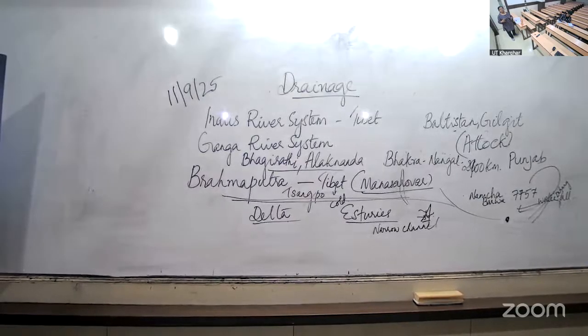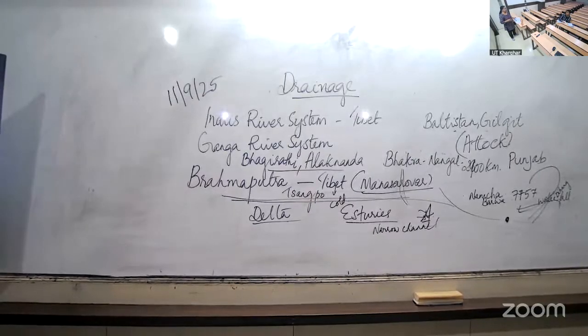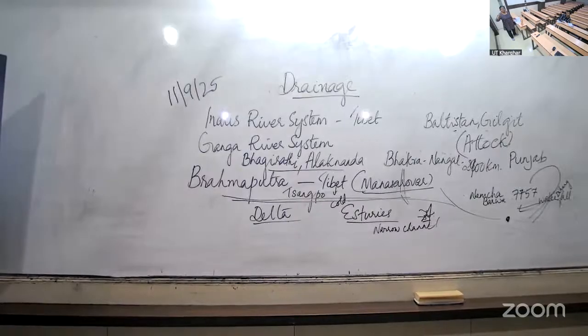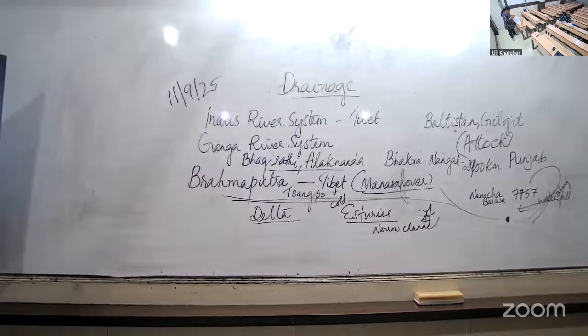See, 1,400 kilometers, second to Godavari. Godavari has 1,500 kilometers, and this is 1,400 kilometers. So second to Godavari. Now, from where is it originating? It originates from a spring near Mahabaleshwar, and then it passes towards the Bay of Bengal.